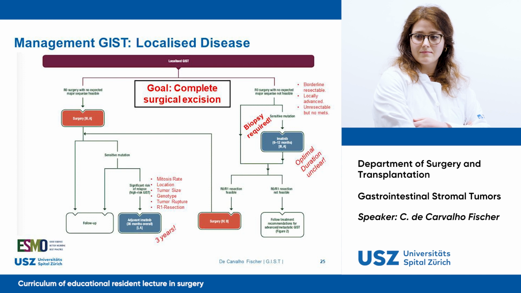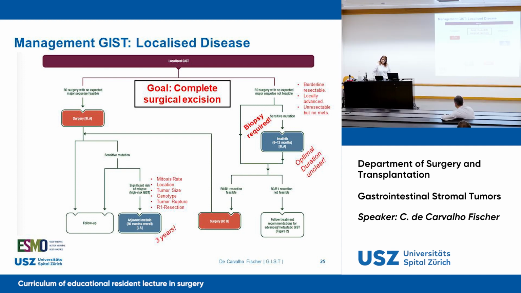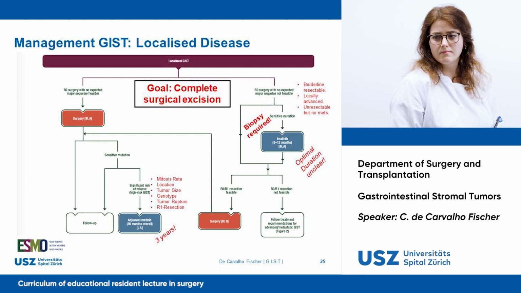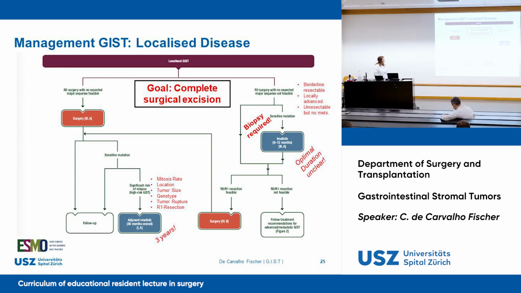Our actual policy here is, if we have a resectable GIST, we would prefer to proceed to surgery right away. If we have signs of involvement of neighboring organs, then we proceed to neoadjuvant treatment. That's basically it. I would like to say something about the surgical management of those tumors.